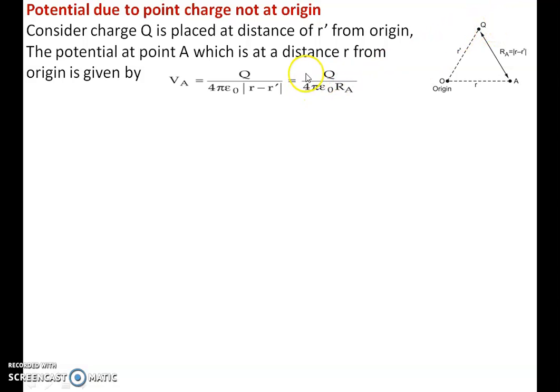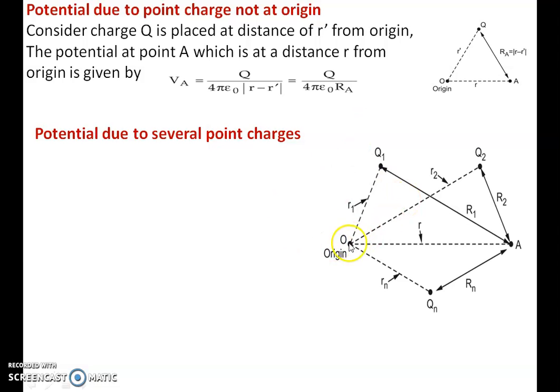Now, if multiple point charges are present like this, but these point charges are not at the origin, the distances from the origin to the point charges are small r1, small r2, up to small rn, if n charges are present. The point A is at a distance of R from the origin.